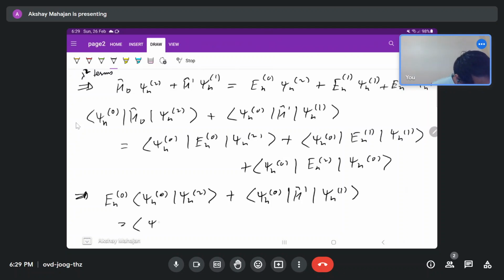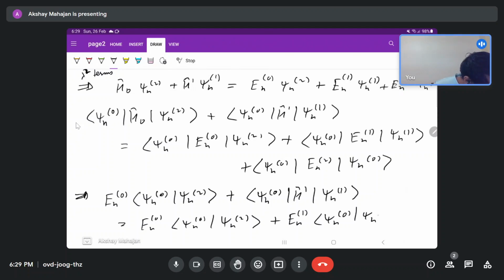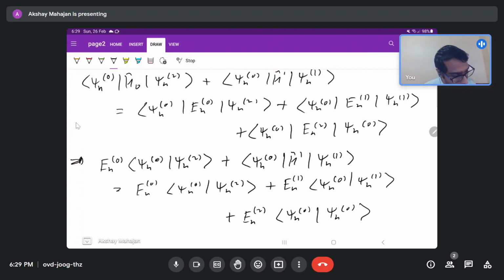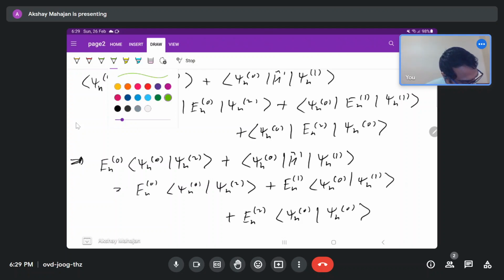This will be equal to, again I can take this En of 0 out, En of the 0th order, psi of the 0th order, psi of the second order, plus again En of the first order we can take out, psi of the 0th order, psi of the first order, plus En of the second order take out, psi of the 0th order, psi of the 0th order. All right. Now here you can see I can cancel out these two terms, En to the power 0, psi to the power and these terms.